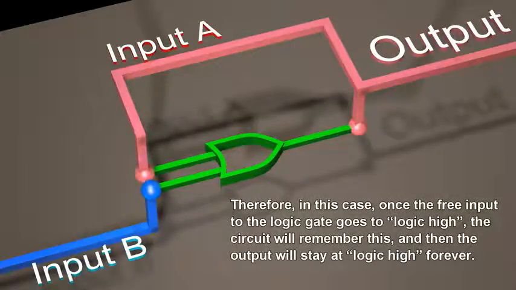Therefore, in this case, once the free input to the logic gate goes to logic high, the circuit will remember this, and then the output will stay at logic high forever.